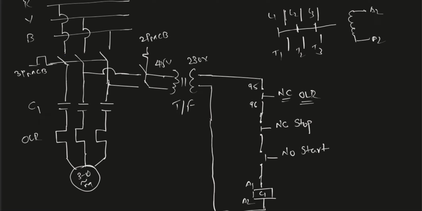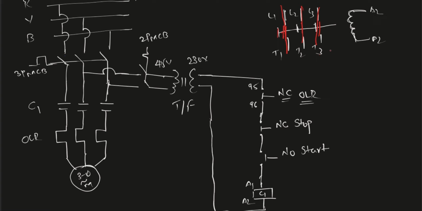As soon as this A1, A2 of the coil gets power, it gets magnetized and pulls this plunger back. When this plunger is pulled back, the position of this comes to here, and it will close the circuit, and the power from L1 flows to T1 and it becomes a closed circuit.